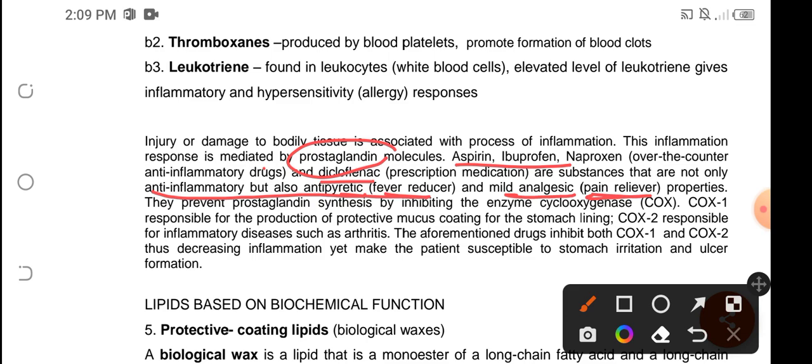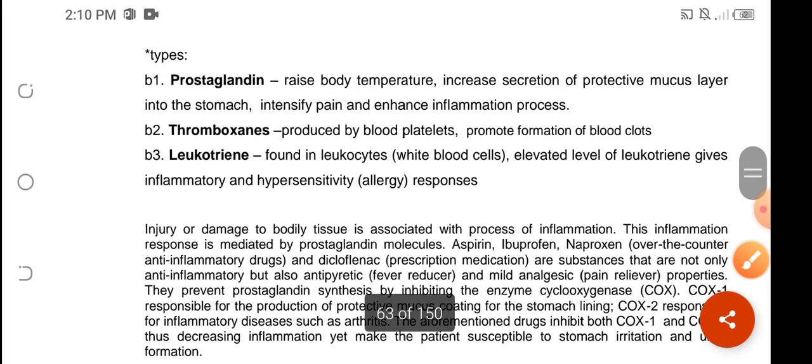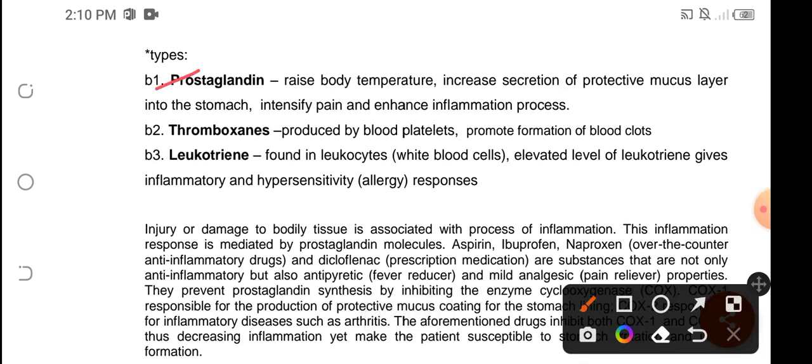Okay, however, these drugs prevent prostaglandin synthesis, which actually raises the body temperature and promotes inflammation, by inhibiting the enzyme cyclooxygenase. Cyclooxygenase has two types: cyclooxygenase 1 or COX-1, which is responsible for the protective mucous coating of the stomach, and COX-2, which is responsible for the inflammation. So remember that prostaglandin is responsible for raising the body temperature and for the production of protective mucus.